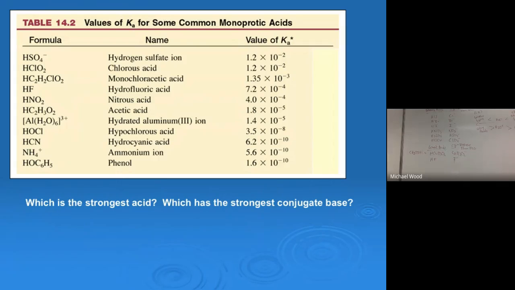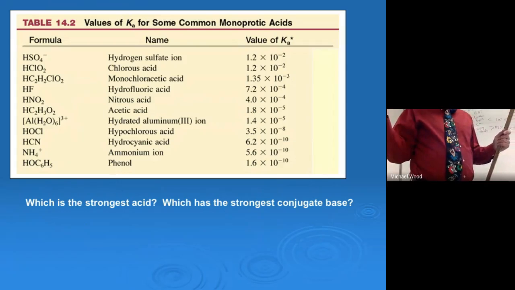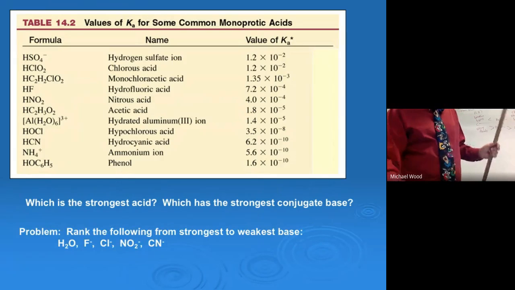It would be the phenol, right? It's the bottom one. So the strongest conjugate base would come from the weakest acid, which in this case is phenol. Does that make sense? Okay, then you have a question like this.